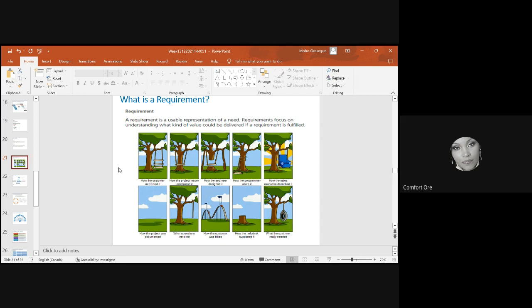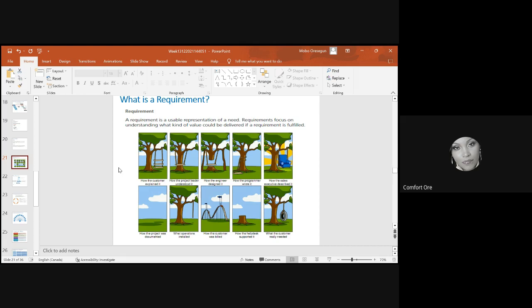So what that means is that your requirements will be your documentation. Your requirements will be your insights. Your requirements will be your document analysis. Your requirements will be your observation, your understanding of what the current state is.